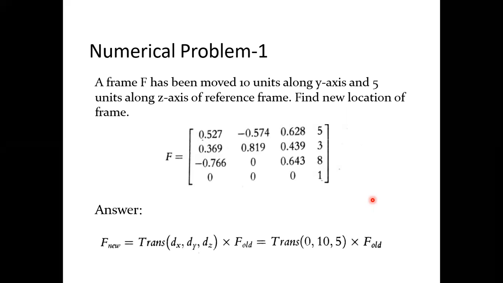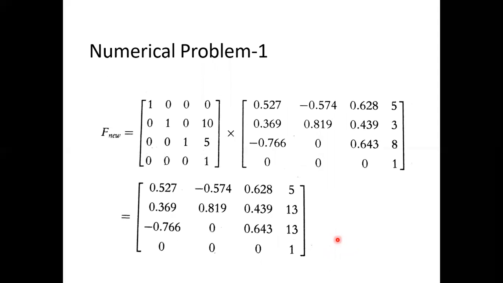So here, the translation along the x-axis will be 0, so they are putting the 0 value. The translation is 10 along the y-axis and 5 units along the z-axis. So you have to multiply with these values, the dx, dy and dz values, like this: 0, 1, 0, 5, into 1.